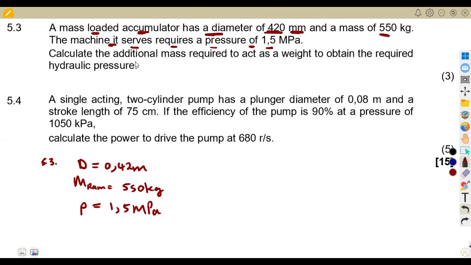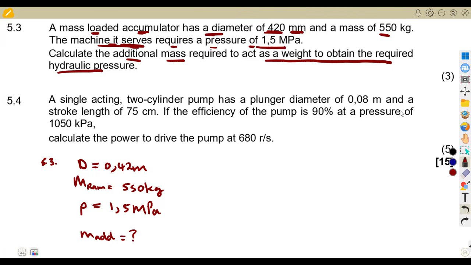Calculate the additional mass, which is an additional mass to act as a weight to obtain the required pressure. So in order for us to have this pressure, there is an additional mass required.